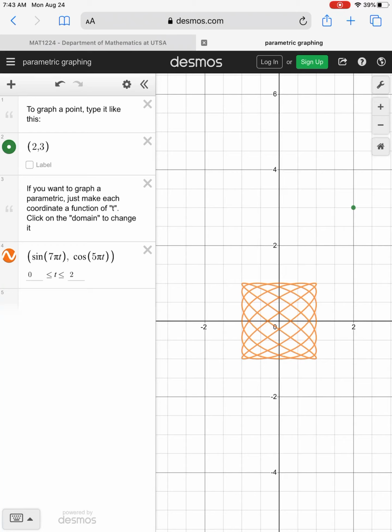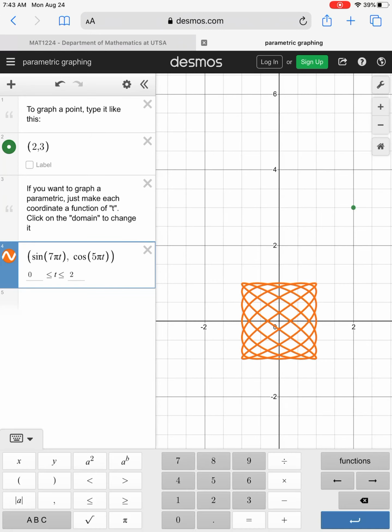So it may not always be possible to eliminate the parameter and express the curve in terms of x and y easily.